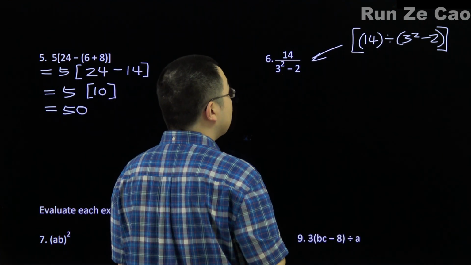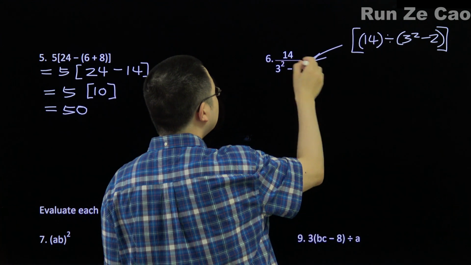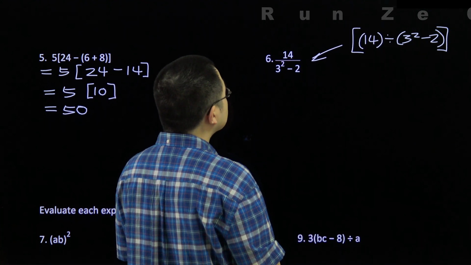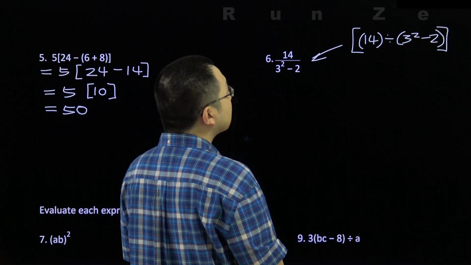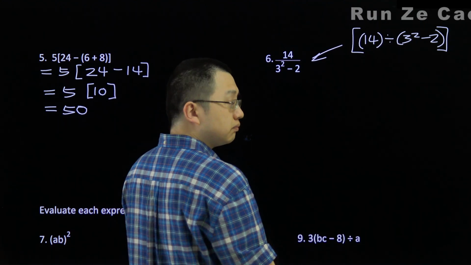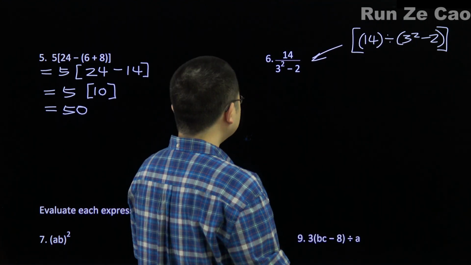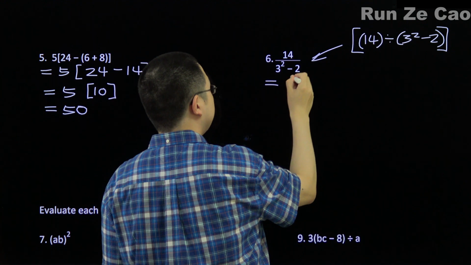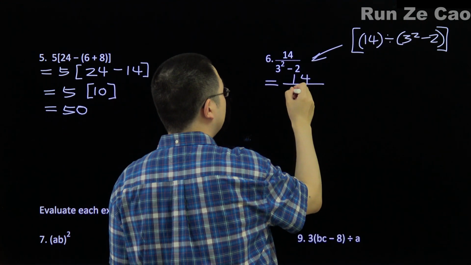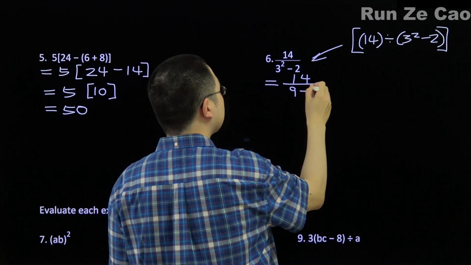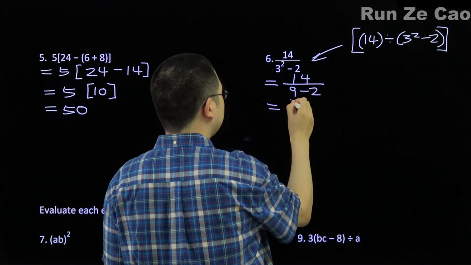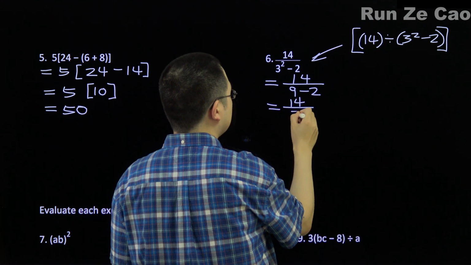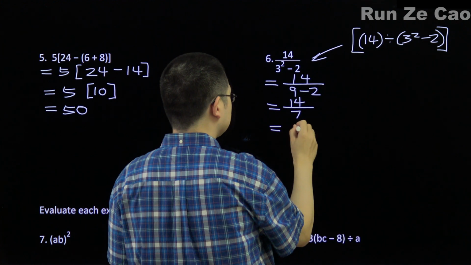That's part of why people invented the fraction notation, because they didn't want to write so many grouping symbols. Well then, that's 14 over 3 squared is 9 minus 2. So 14 over 7, which is equal to 2.